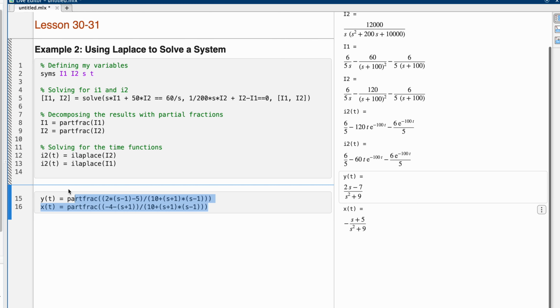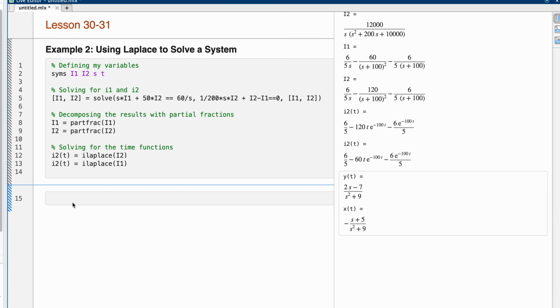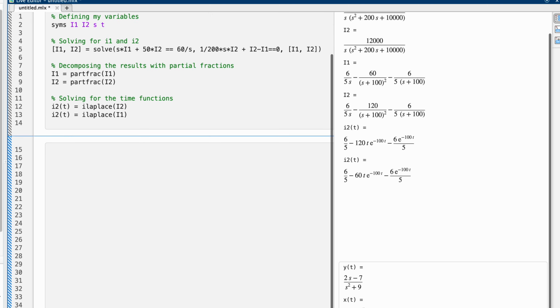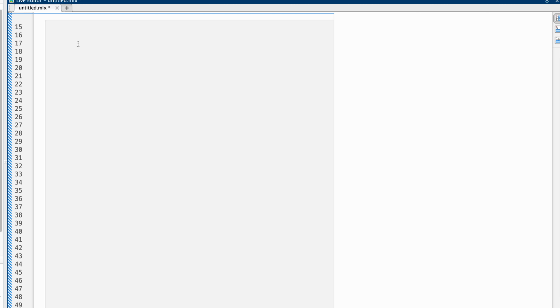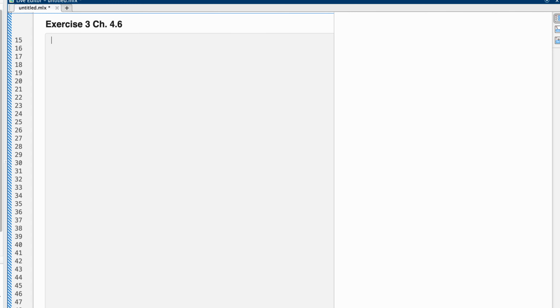So here, we're going to give you some space so that you don't see the clutter from other things. And I'm going to clear all the outputs here. The first thing we're going to do is say what this is. This is exercise 3, chapter 4.6.